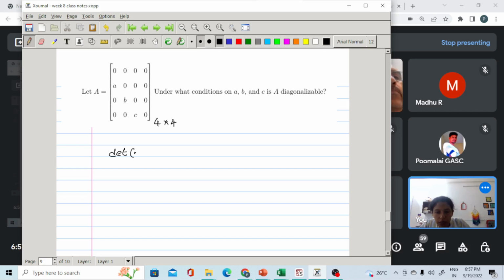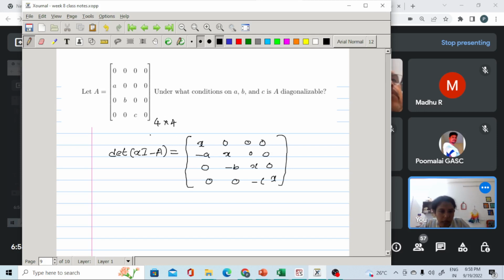The determinant of xI minus A. So what will it be? X times identity minus A. I am just writing the xI minus A matrix, and I am finding the determinant.